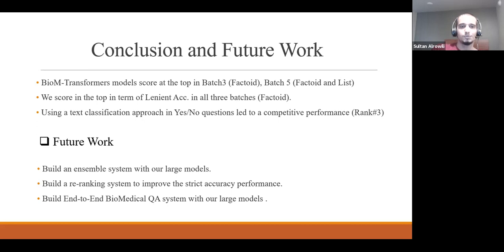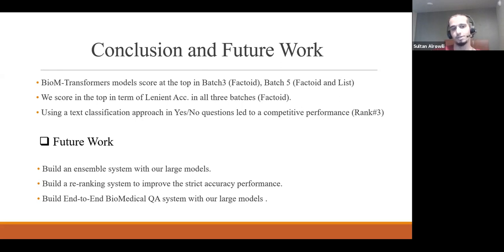What we are planning to do in future work is build a simple system with our large model. We saw in the previous slide that sometimes in one batch ELECTRA takes the lead, and in another Albert takes the lead. What if we combine them together and have a voting system, like an ensemble system? We also observed that the strict accuracy in our system is not that great.